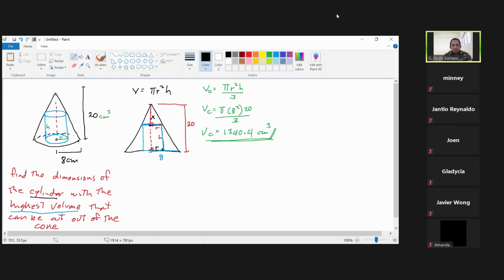Big triangle, 8 is to 20, is equal to, I'm using this, what part of the small triangle? That will be R is to x. And then that is now going to be equal to 8x.